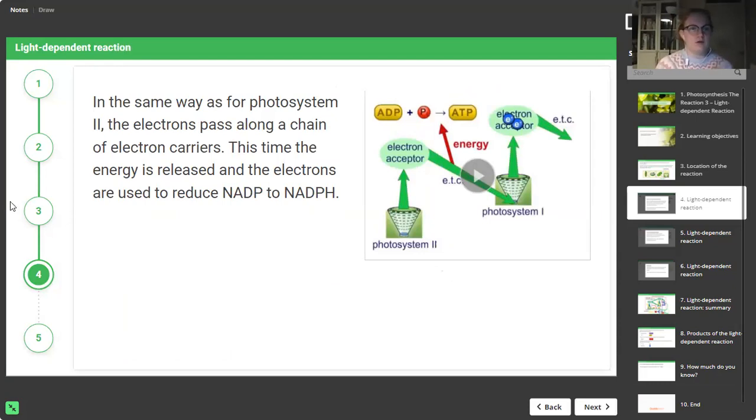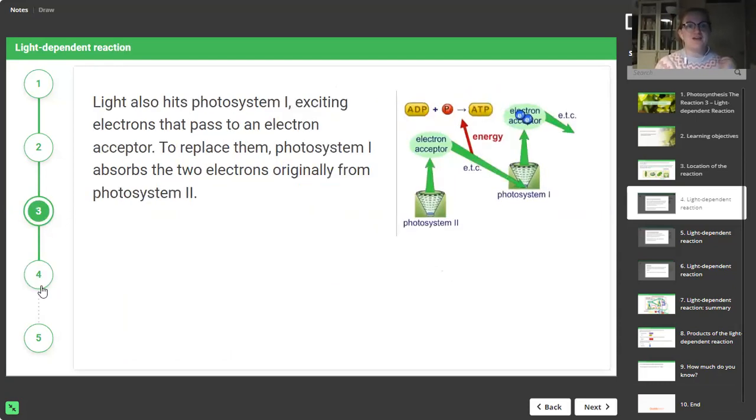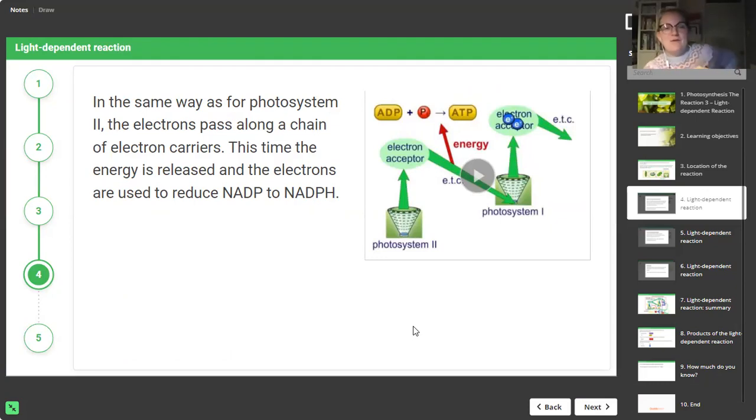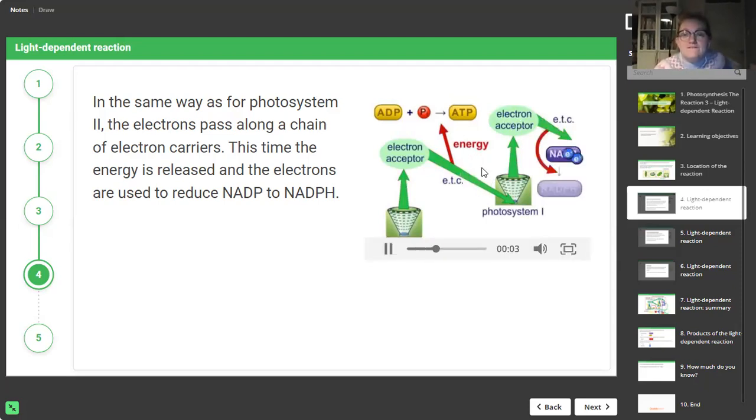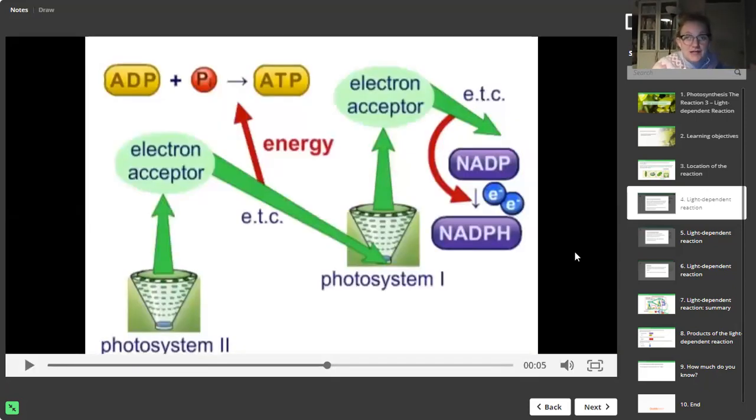Have I just skipped ahead? Yes, I have. So in the same way as photosystem 2, those electrons, again, are going to pass down another electron transport chain. This time, the energy that's released from them is used for the reduction of NADP to make NADPH, so reduced NADP.